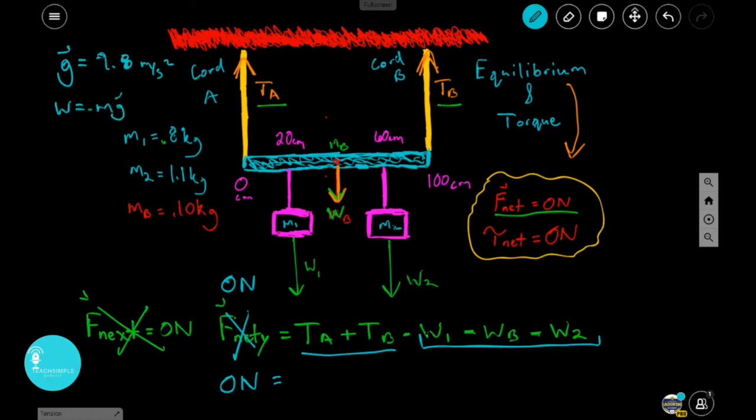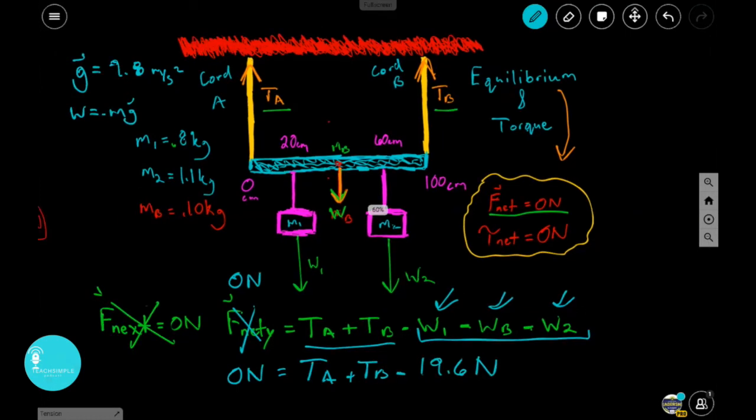If I multiply each one of these masses to calculate the weight, I can further develop my equation. So the total weight is 0.80 times 9.8 plus 0.10 times 9.8 plus 1.1 times 9.8, and that gives me a total of 19.6 newtons.